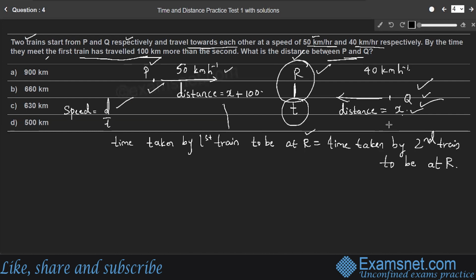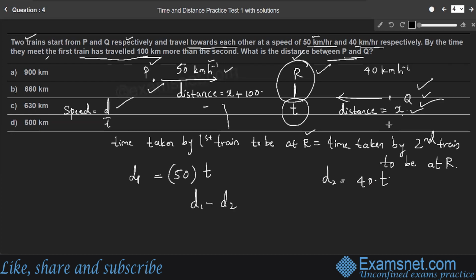Since its speed is given, we'll consider the distance traveled, let it be d1. d1 is equal to the speed of the first train, 50 km per hour, into the time taken by it, which is t, whereas d2 is speed into time, right? So what is the difference between these two distances here?